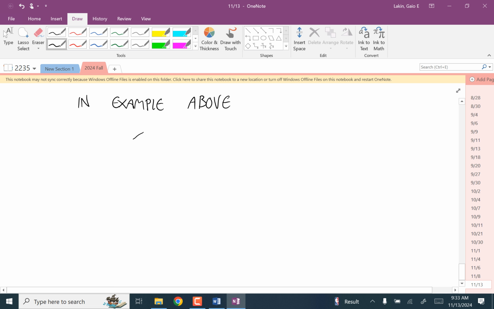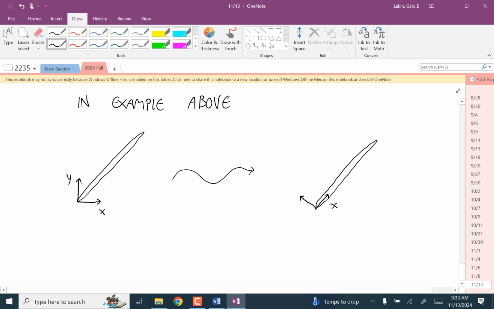Okay, in the example above, so here is our member, and we have a coordinate system like this. And the coordinate system we want has the x-axis pointing along the long axis. So what's the counterclockwise angle from our starting coordinate system to our new coordinate system? 60, yep.